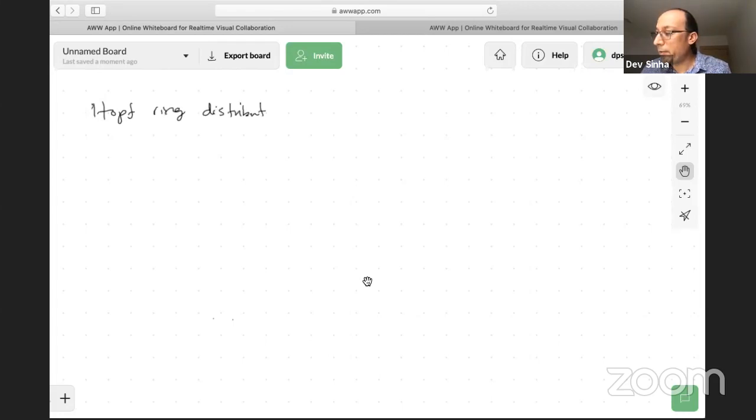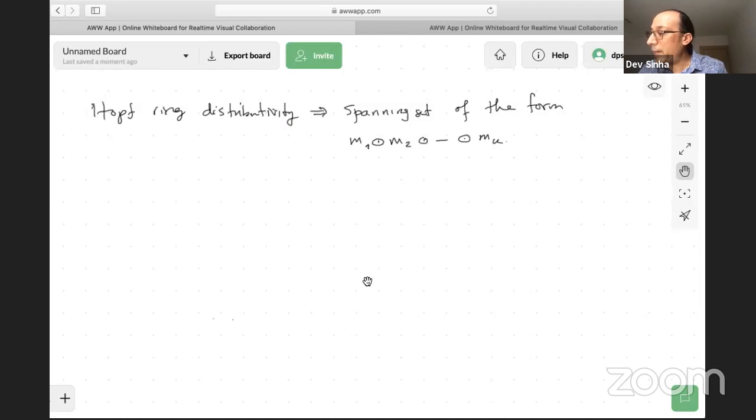if you think about it a moment, if I apply it again and again, implies a spanning set and thus a basis of the form M1 transfer M2 transfer dot dot dot transfer Mk, where each Mi is a monomial in the times product.